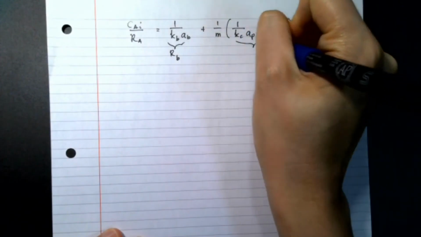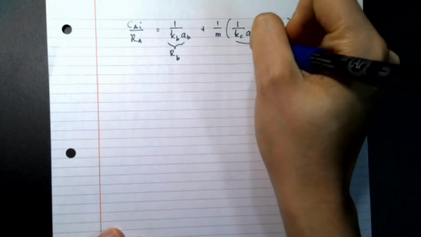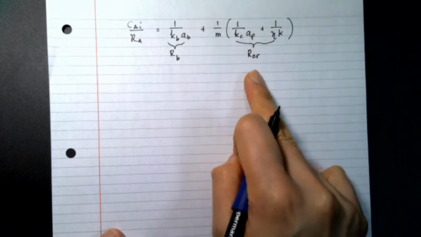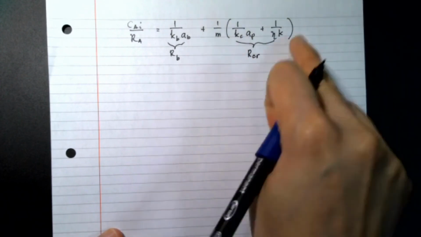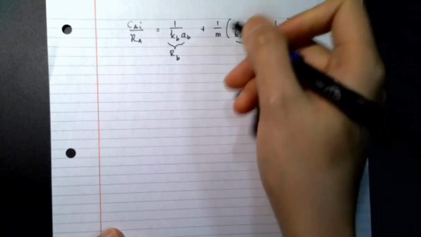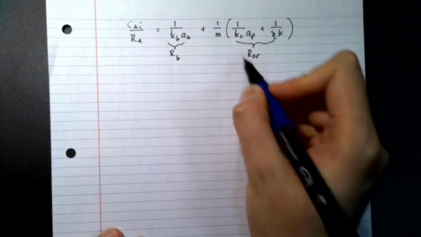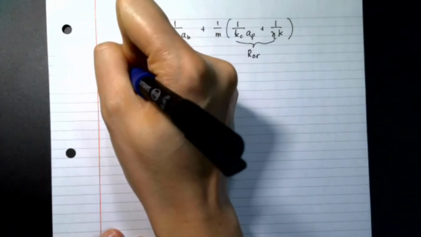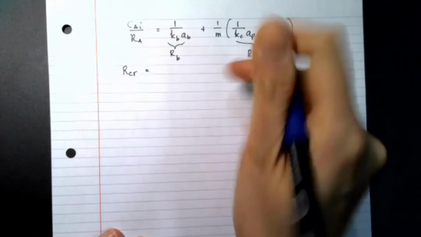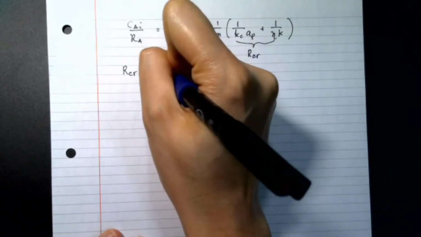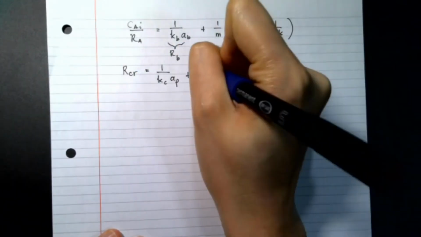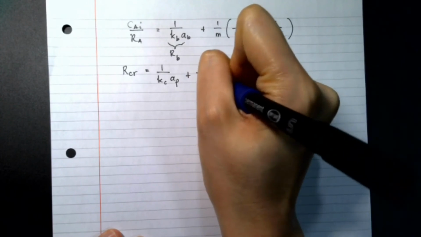And this is the combined resistance due to external diffusion, internal diffusion, and surface reaction, RCR. We are interested in RCR, and we want to separate it out into its components: external diffusion, internal diffusion, and surface reaction. So RCR from this is 1 over Kc AP plus 1 over eta K.